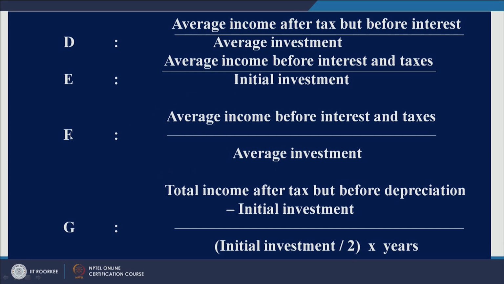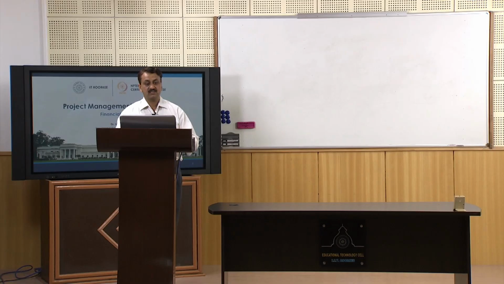The next measure is average income before interest and taxes divided by average investment. You have this measure also: total income after tax but before depreciation minus initial investment, divided by initial investment by 2 into number of years. So these are 7 measures.